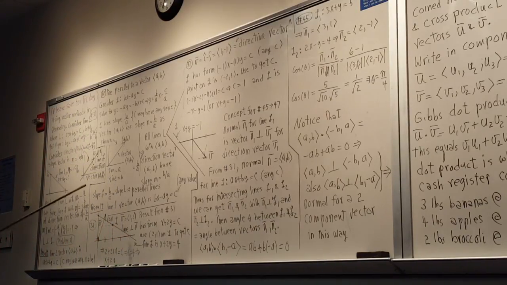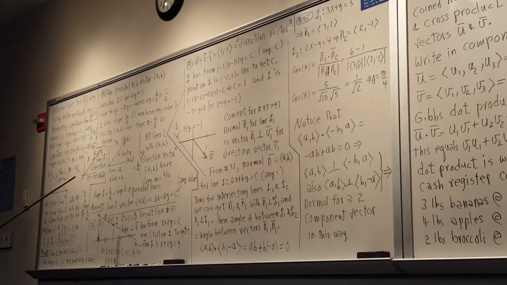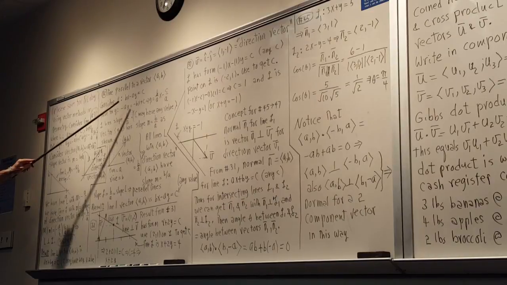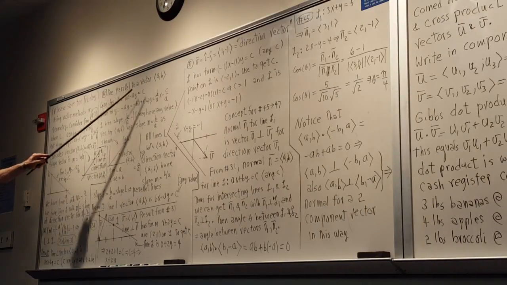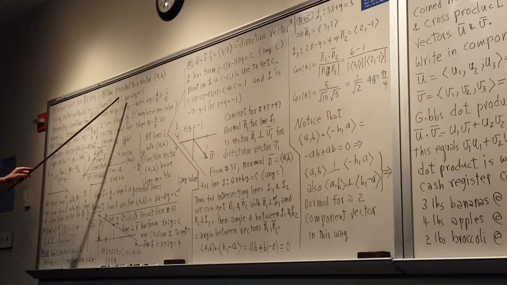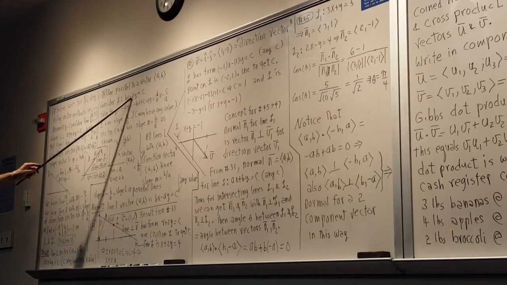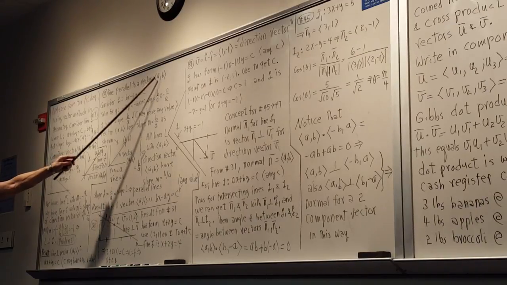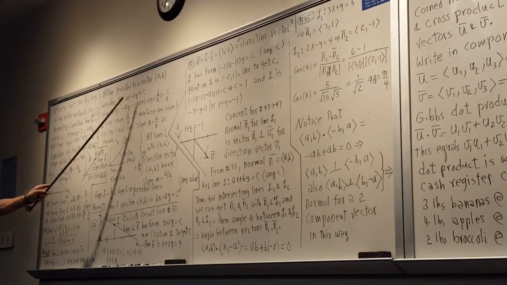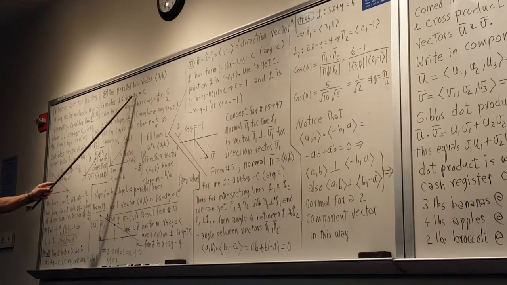So that's really what we're doing, going from problem 31 to 32. So if you consider the line like this, where you'll notice the coefficients here are these components switched, and the sign changes on the one you've put down second.